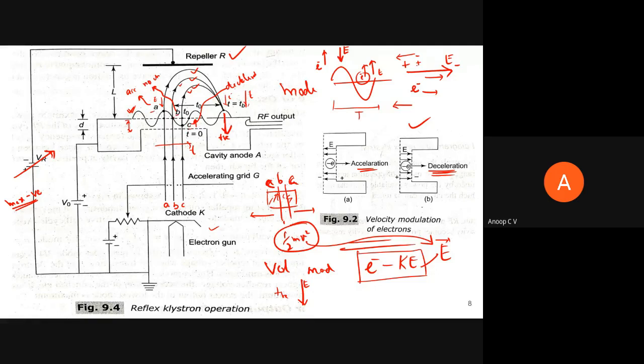That is called debunching. And by adjusting the repeller voltage, we can make these debunched electrons bunch back in the resonating cavity at some positive peak.